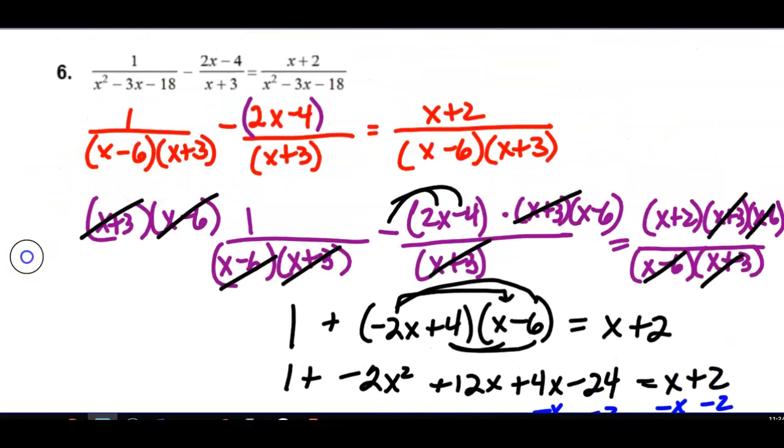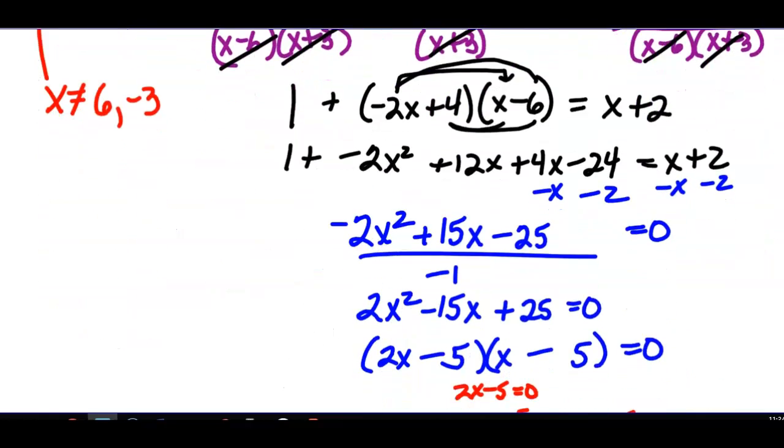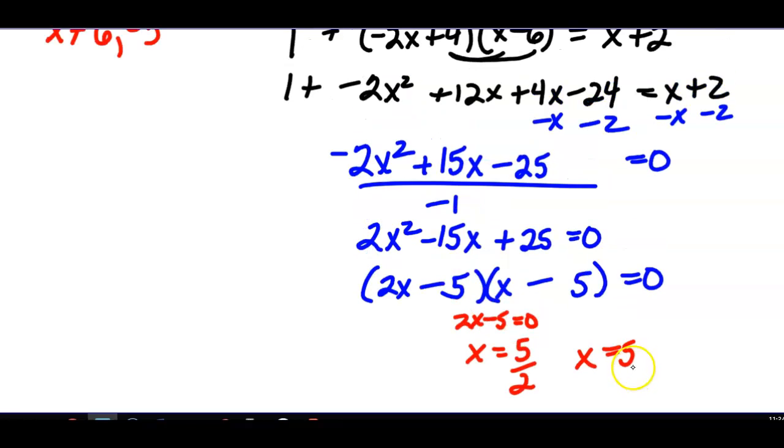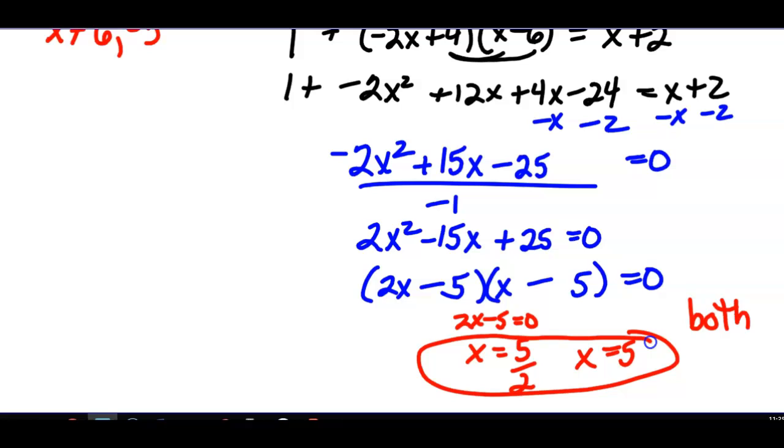Well, from right here, my domain restriction right there is x cannot be 6 or -3. And that works for all of these. And those were not my solutions at the end. So both of these work.